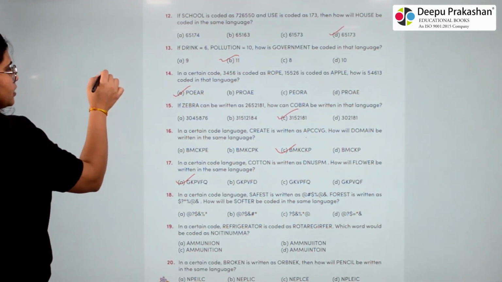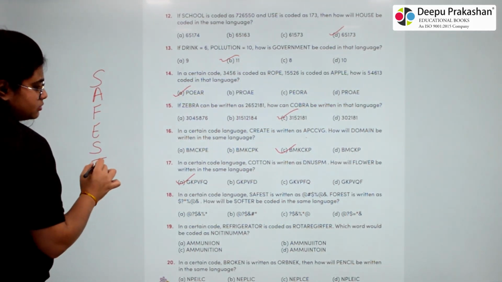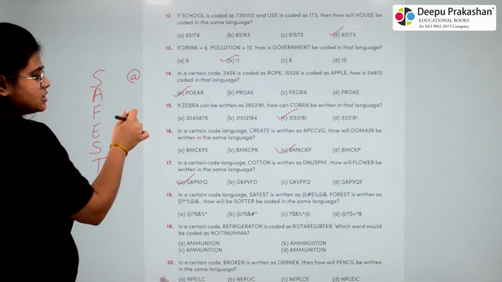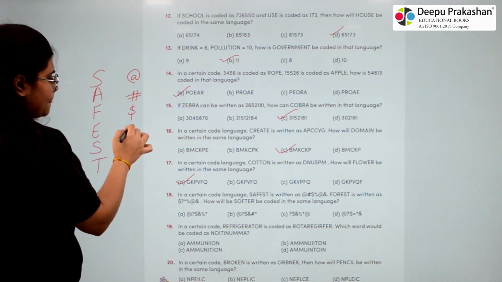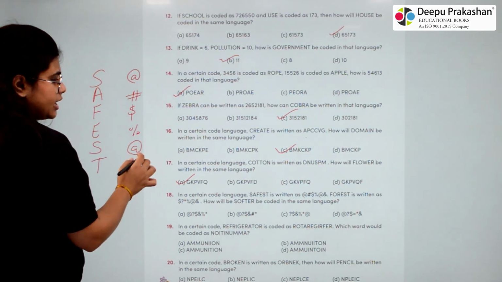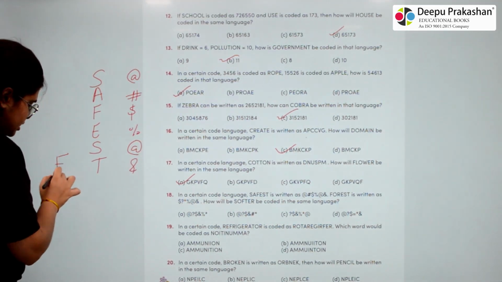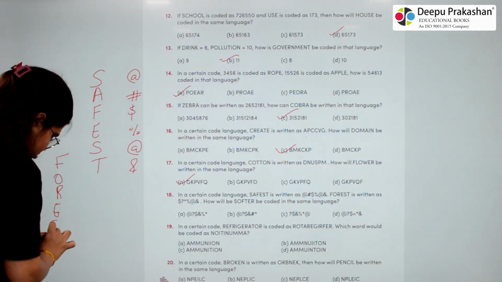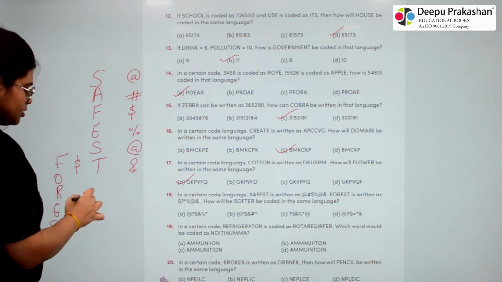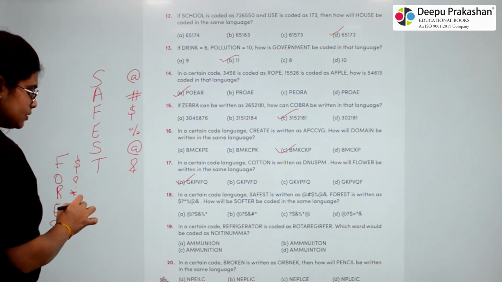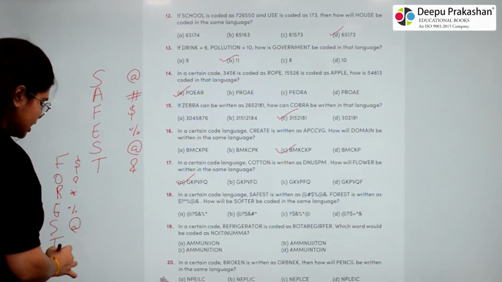So here safest is written as $, $, %, and forest is written as $, $, %, and.